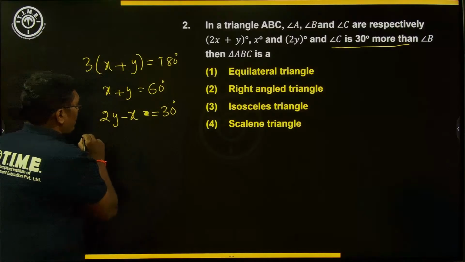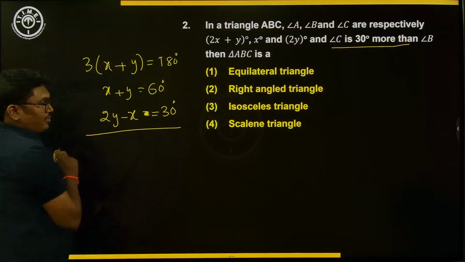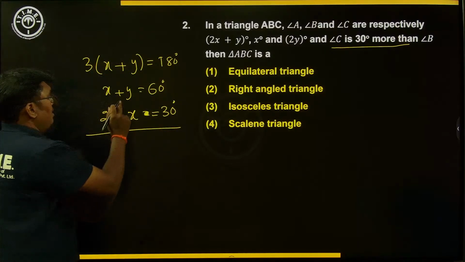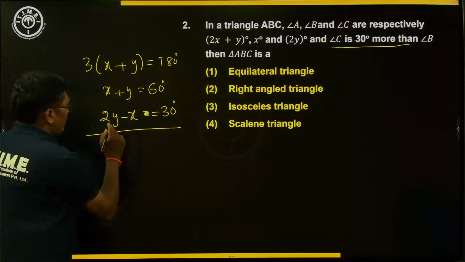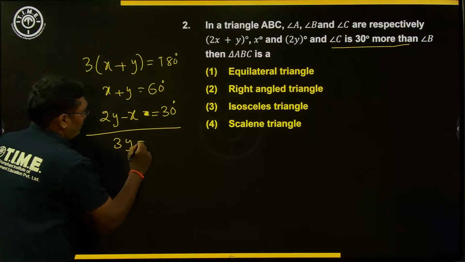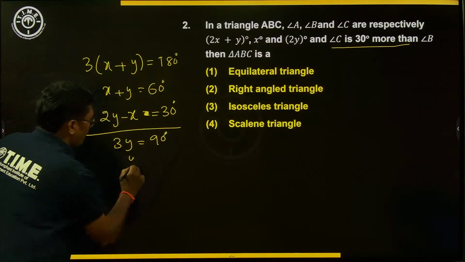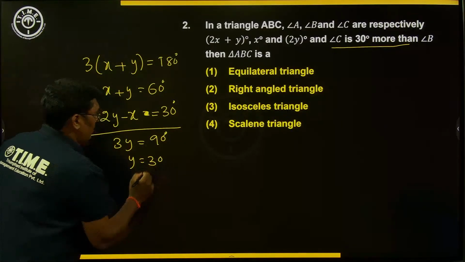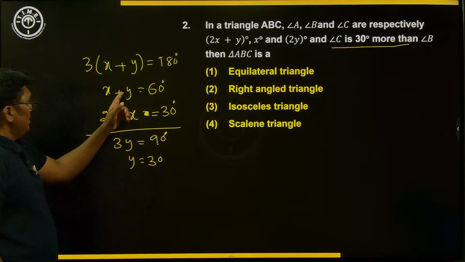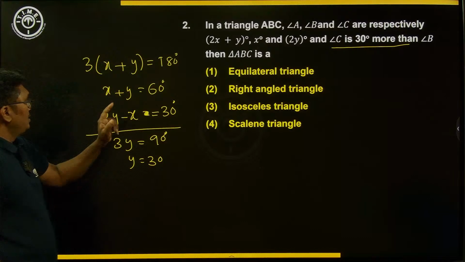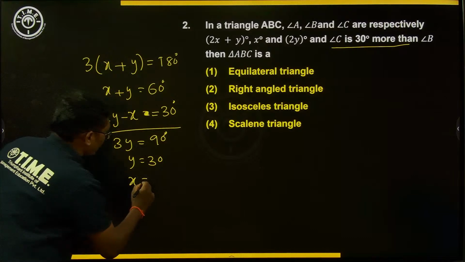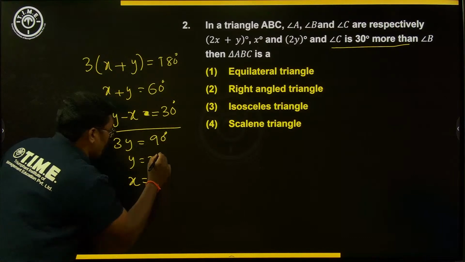If you add these two equations, x and minus x cancel, y plus 2y is 3y. So 3y is equal to 90 and y is equal to 30. If you substitute y is equal to 30 in this equation, you will get x is equal to 30.